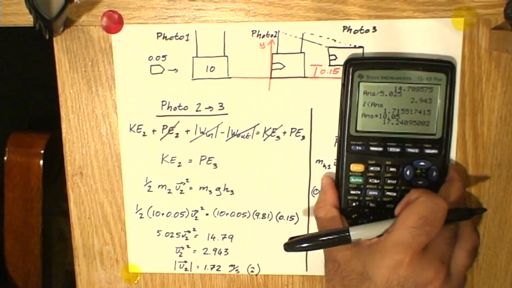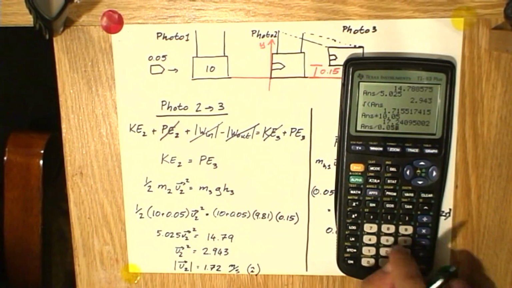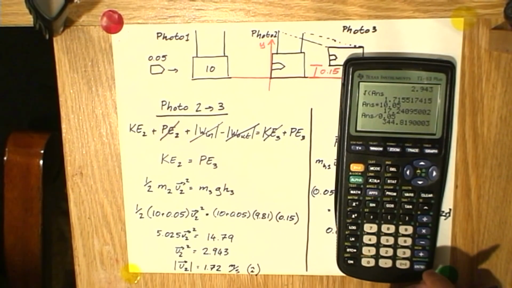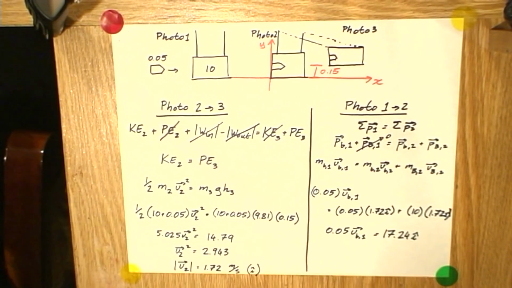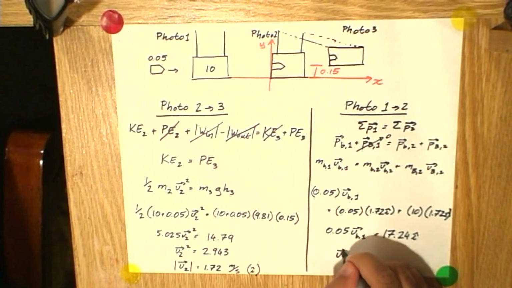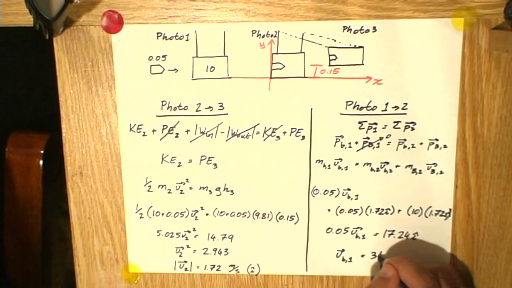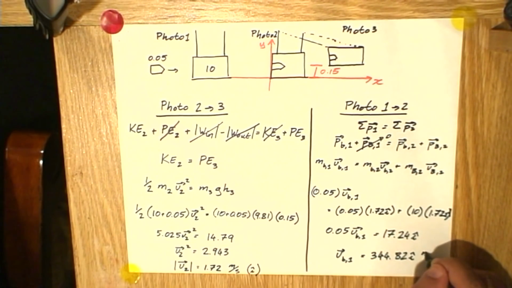Last step, divide this by 0.05 and we get 344.82. So the velocity of the bullet in photo 1 is equal to 344.82 I hat meters per second.